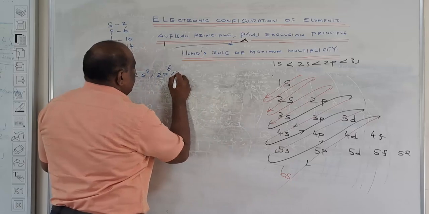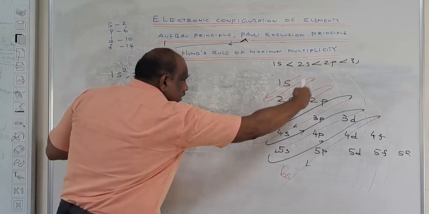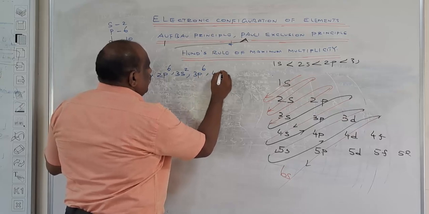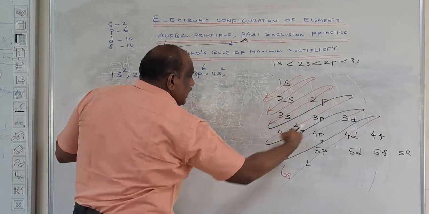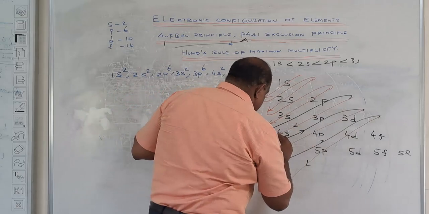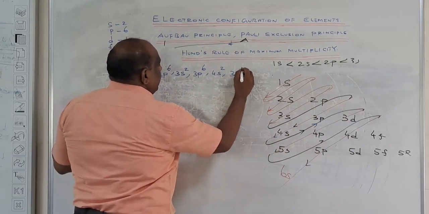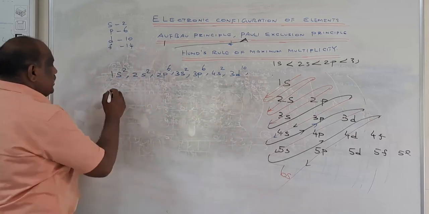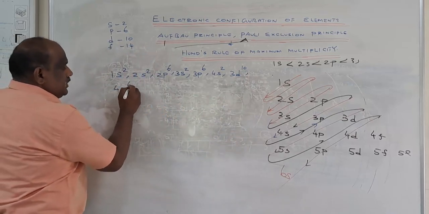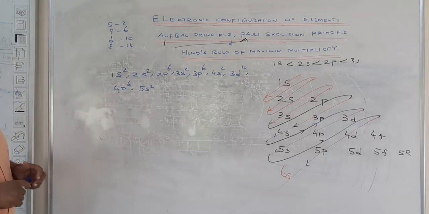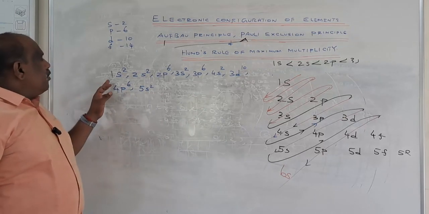Then 3s2, then 3p6, then 4s2, then 3d10. After 4s, it will be 3d10. After 3d10, it is 4p6, then 5s2.